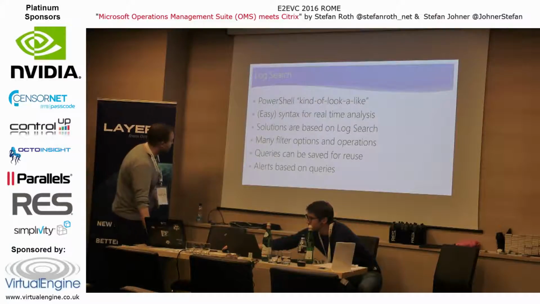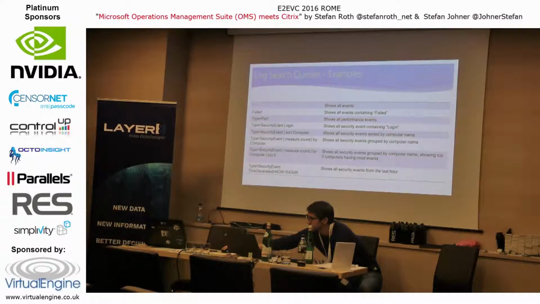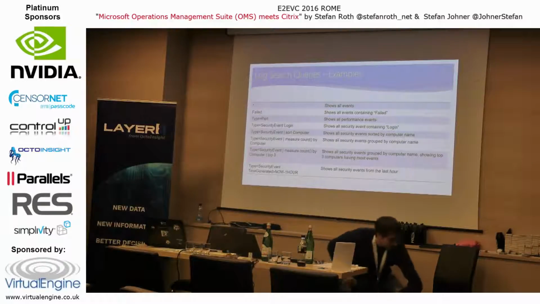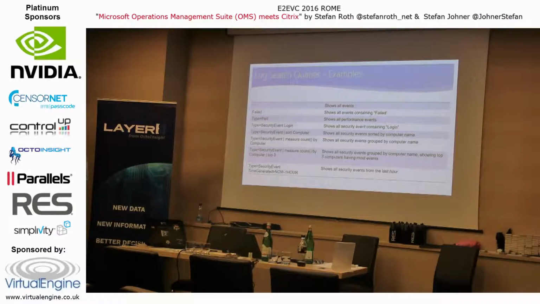So what I would like to do is show you how it looks, the easiest way. You have this big data pot, and then you type star and you get all this data. And you have seen the solutions, and all these solutions have a type. So you have performance data, it's type equals Perf, or you have event data, type equals Event, or you have security events, type equals SecurityEvent.